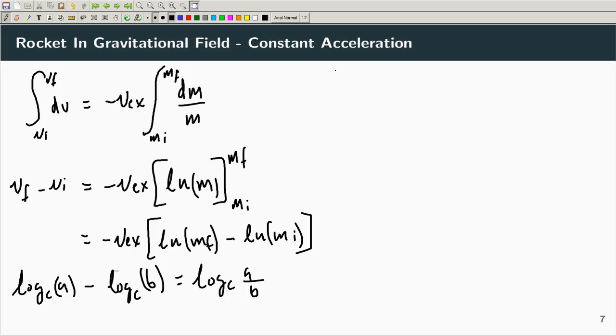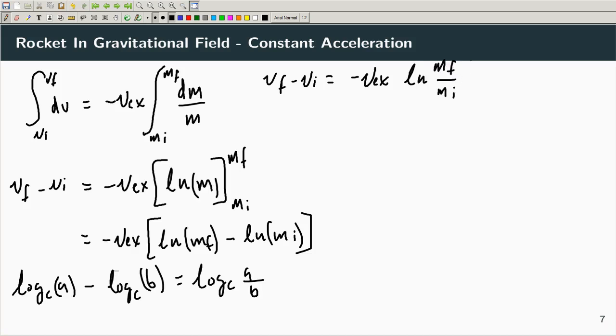So here we can have, so I'll write this over here, Vex of ln, the final mass over the initial mass.